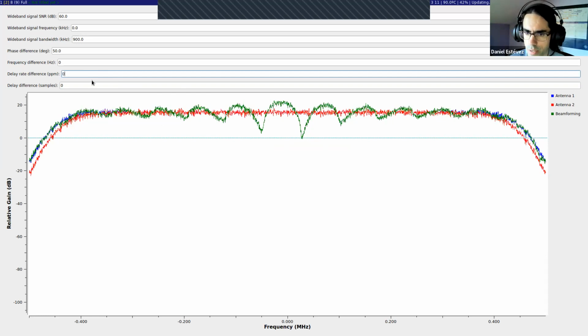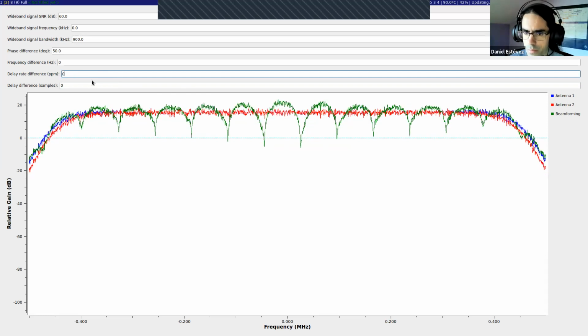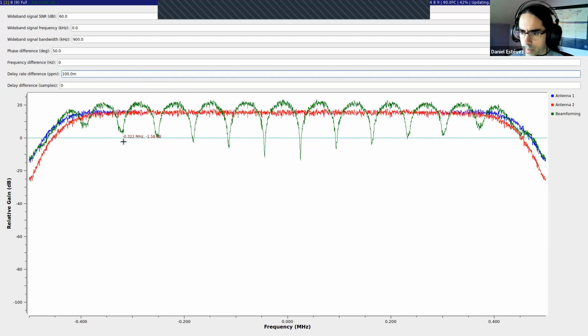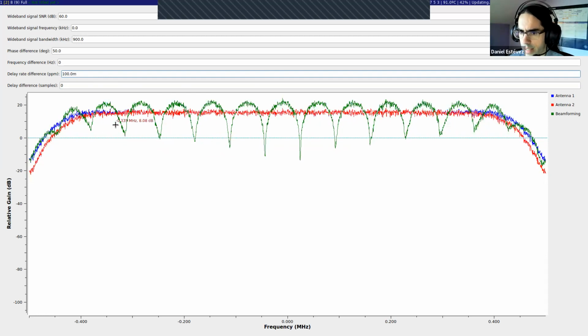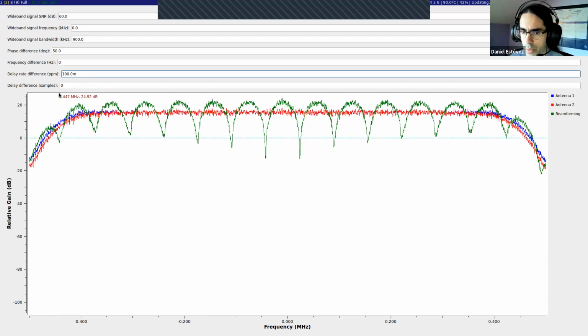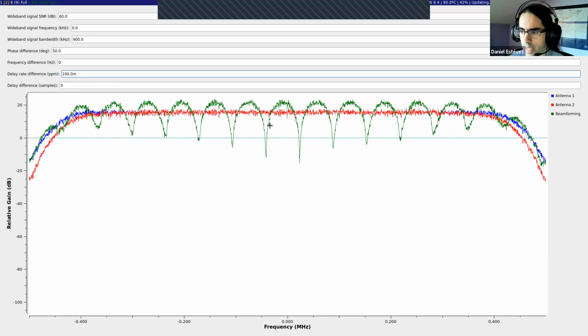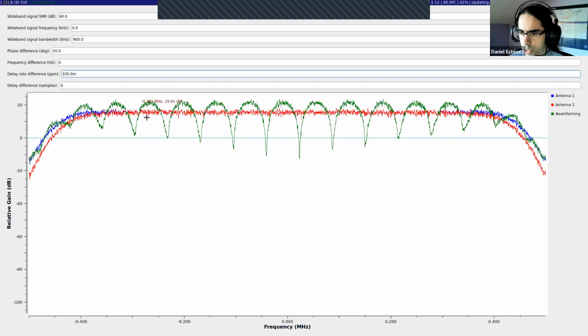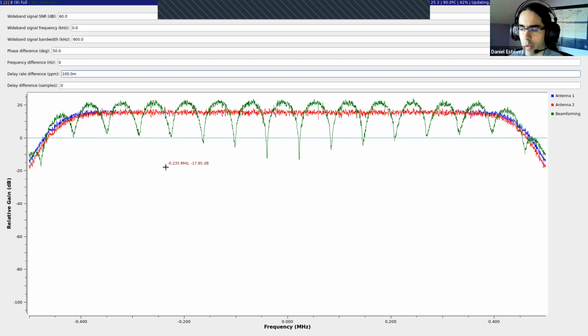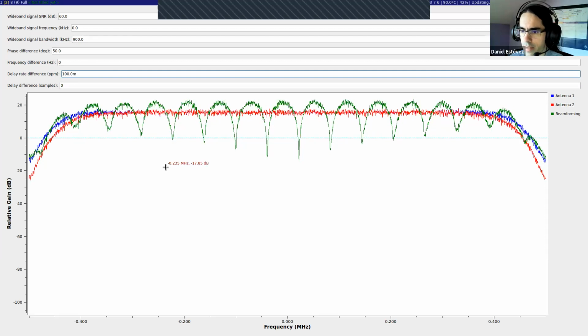Maybe this is better if we do it slower. So you can see that this wavy thing is compressing because we are continuously increasing the delay. So we are introducing more nulls across the spectrum. So that's how a delay difference looks like.